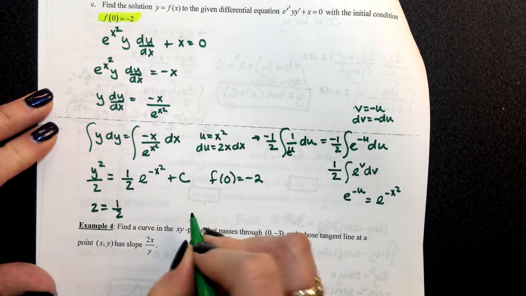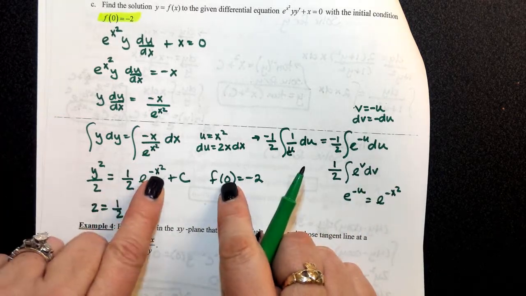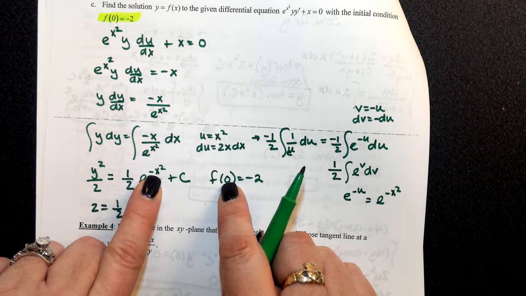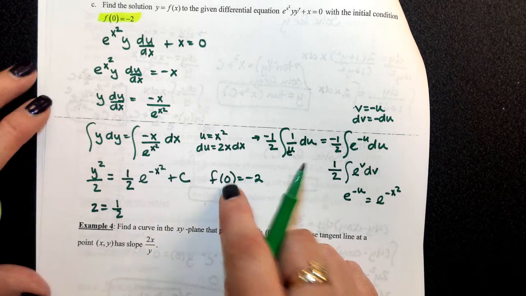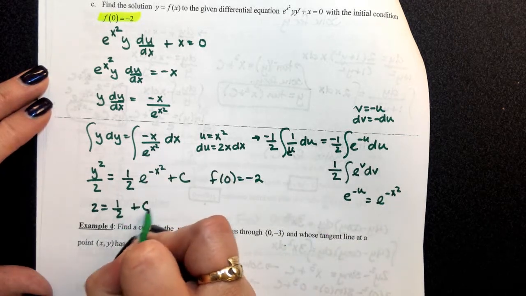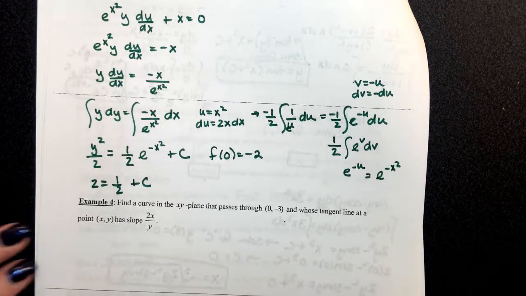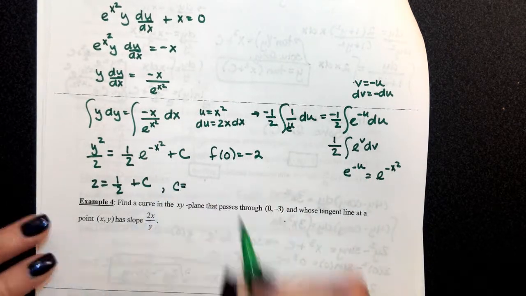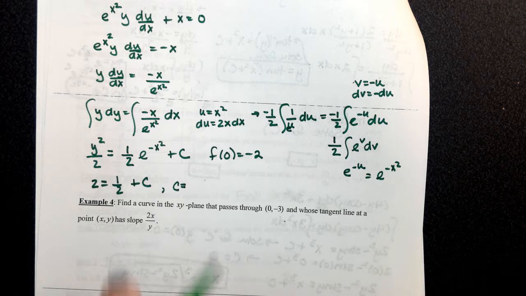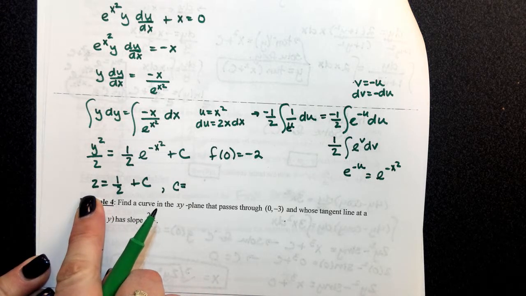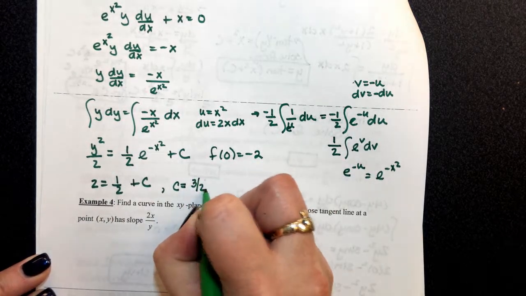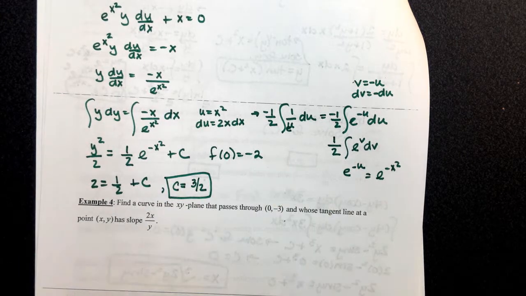Equals 1/2 times. When I plug 0 in for x, e raised to the 0 is just going to be what? 1. So I have 2 is equal to 1/2 plus c. So then what's c going to be equal to? C will be equal to, when I subtract a half, that's going to give me what? 3/2. So any questions where I got 3/2 from for my c value?